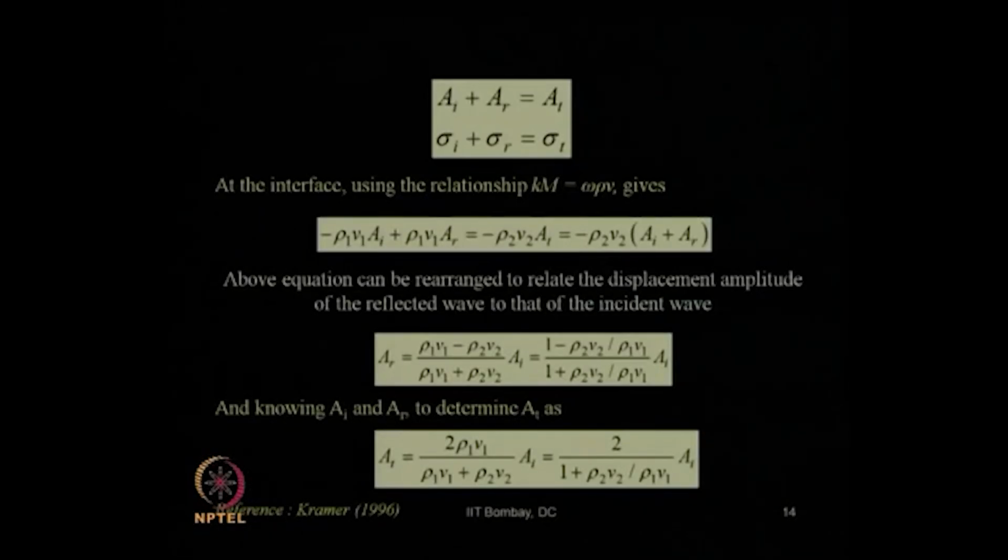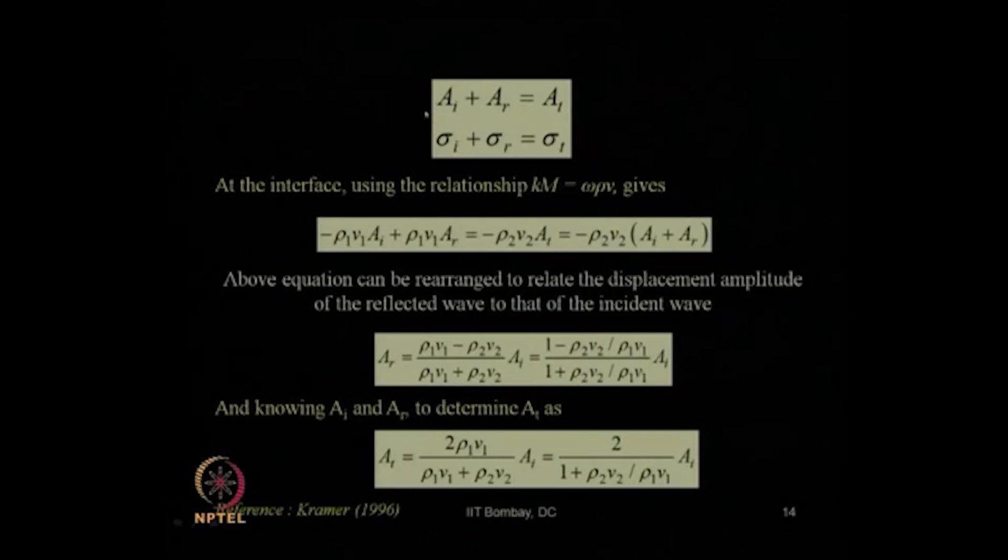So, what we can write from the previous known relationship is that if we equate the amplitudes, the displacement amplitude of the incident wave plus the displacement amplitude of the reflected wave should be equal to the displacement amplitude of the transmitted wave.